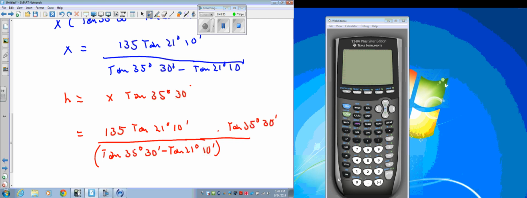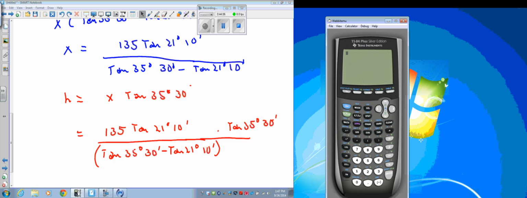Now the challenge is how do you put it in the calculator? Well, I can take this thing here and bracket it, put divide, and bracket this and put it in the denominator, can I? Because I can treat each one of these individually. This could be 1 over this thing in a bracket times 135 times that, right?